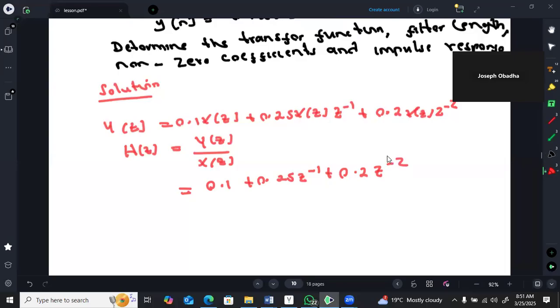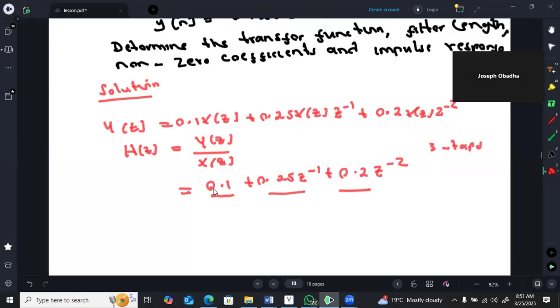So we have been asked to find the length of the filter. Actually, the length of the filter is equal to 3. The other way of looking at it is to say that it has 3 taps.